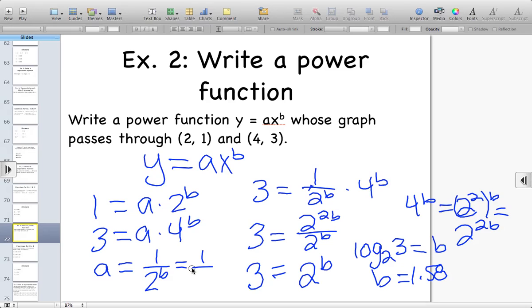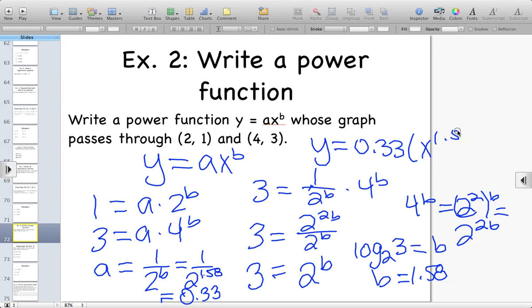So 1 divided by 2 to the 1.58, and that is equal to approximately 33 hundredths. So if I know my a and I know my b, I have my function. Y is equal to 0.33 times x to the 1.58. And there we go.